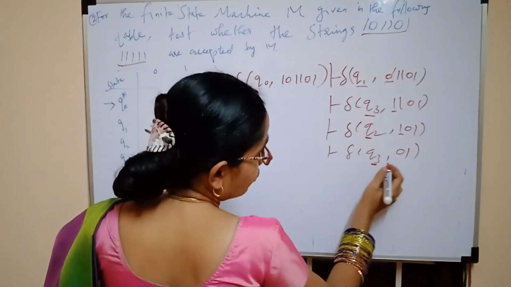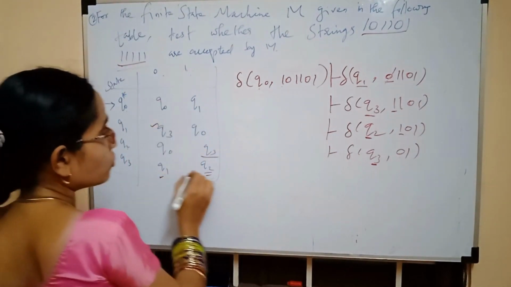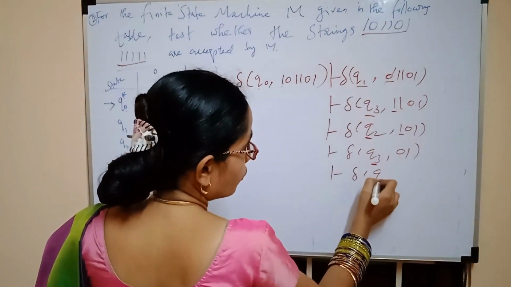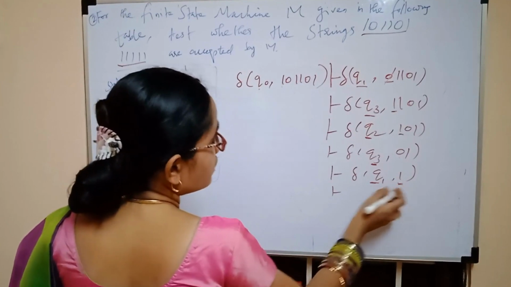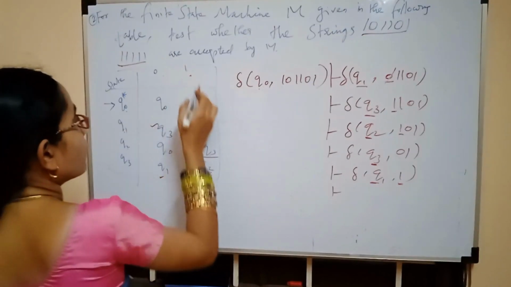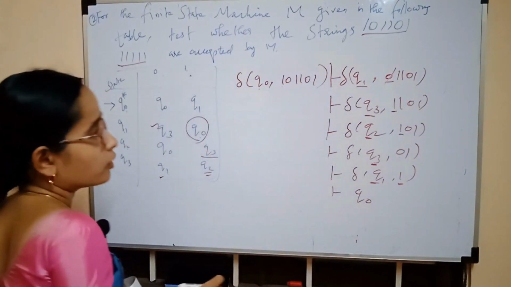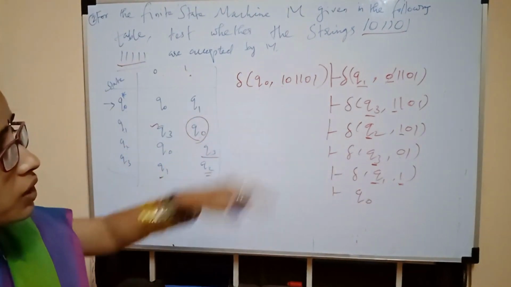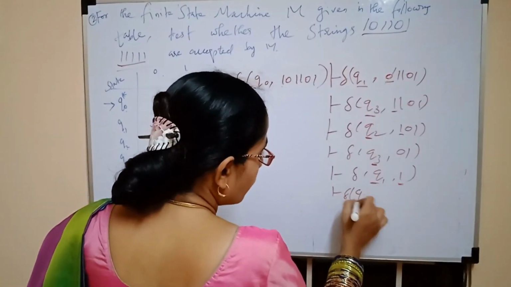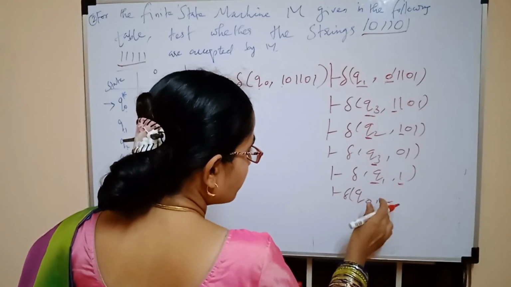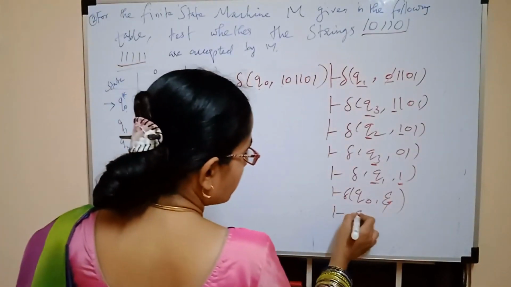Now you are in state q3 and you see the symbol 0; q3 on 0 it goes to q1. So delta of q1 comma 1. Now you are in state q1, seeing the symbol 1; q1 on 1 goes to q0. So now you have processed everything, nothing is left. So delta of q0 comma epsilon, which means there is nothing left. So I can make this q0.